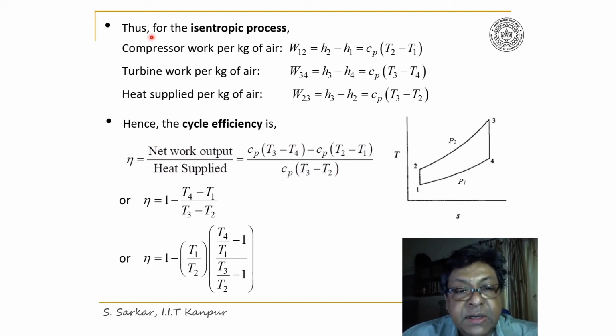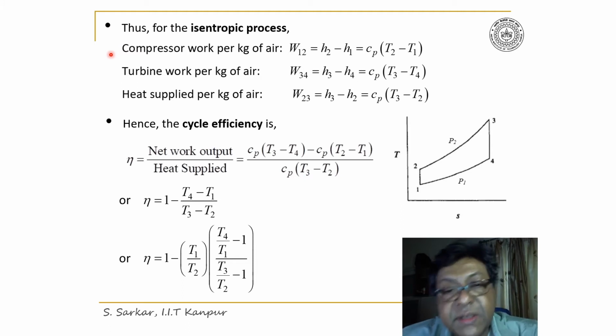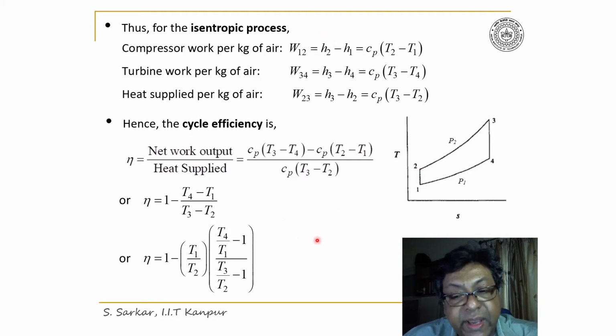Thus, considering the isentropic processes, I can write the compressor work per kg of air is equal to H2 minus H1, H2 being the enthalpy at the exit of the compressor, where H1 is the enthalpy of air at the inlet of the compressor, that is equal to Cp into (T2 minus T1).